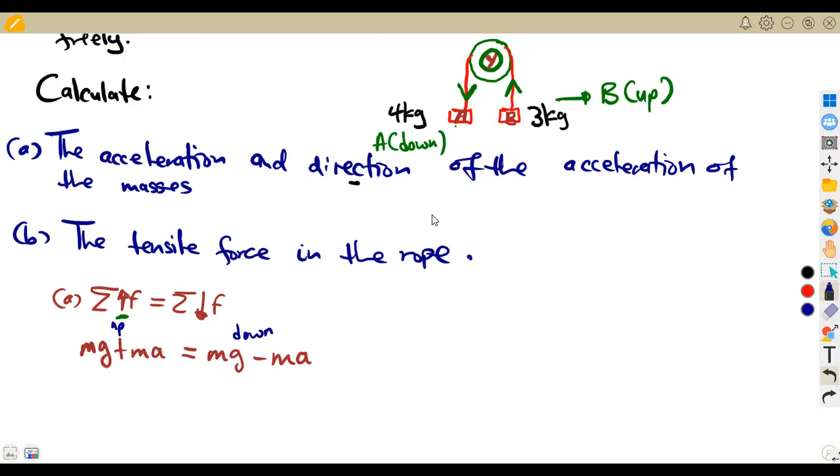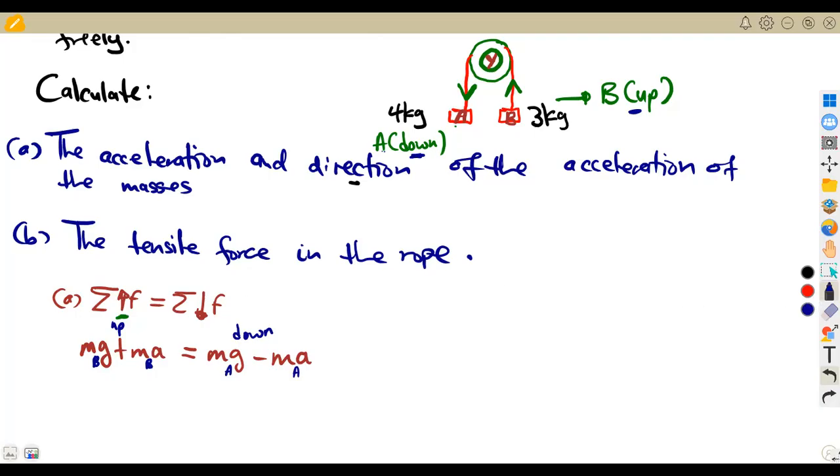We said B is the one that is going up, so here we consider the mass of object B. The one that is going down is A, so here we consider the mass of object A. This M is representing the mass of object A, the one that is going down.